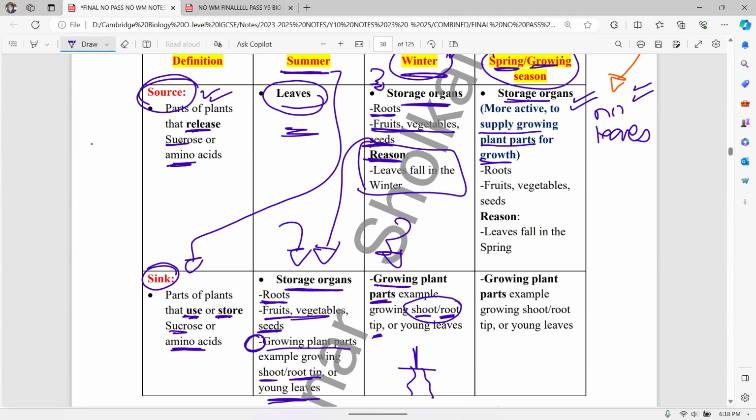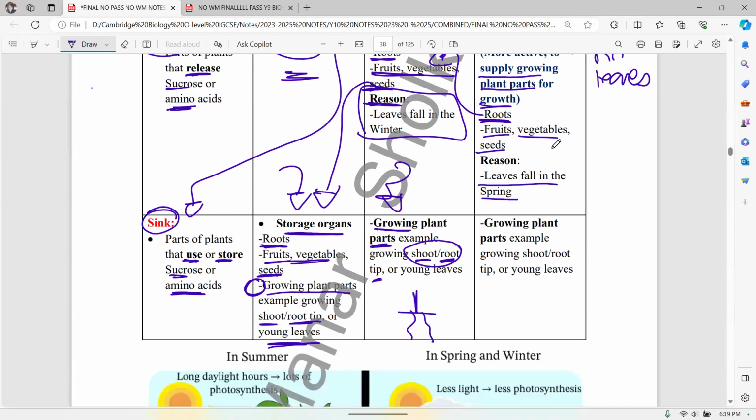Again, the same storage organs, you will notice they are exactly the same: the roots, fruits, vegetables, seeds. Reason, because the leaves fall off in the spring. And the sink will be where I will use the sucrose and the amino acids. They're exactly the same: growing plant parts. Example, a growing shoot, a growing root tip, or young leaves.